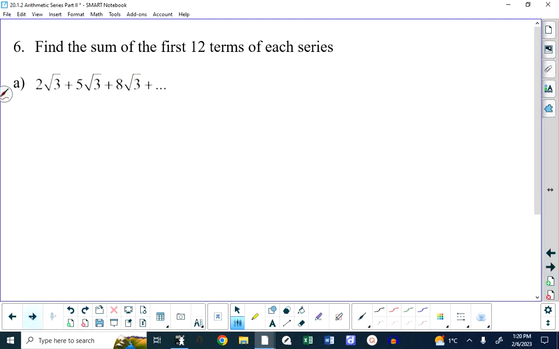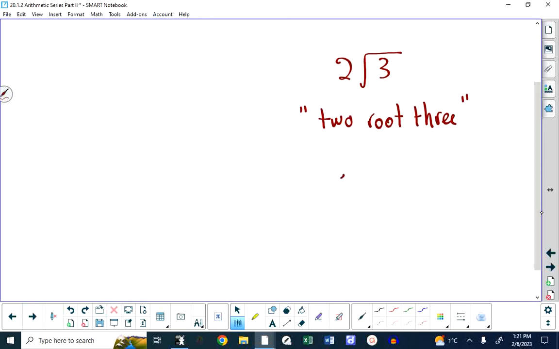All right, what's the sum of the first 12 terms? Well, first of all, this is pronounced 2 root 3. How do we pronounce this?